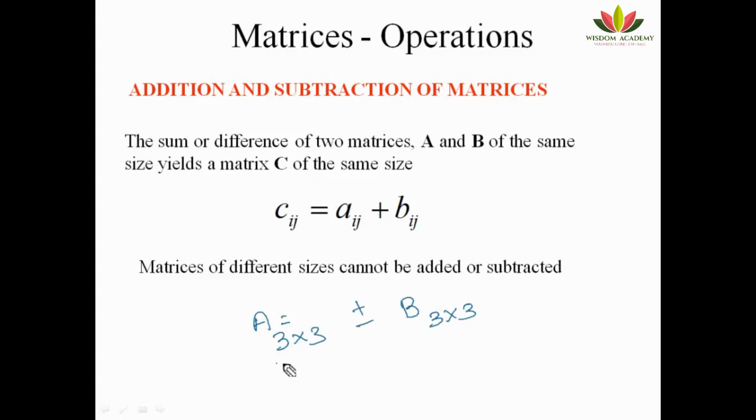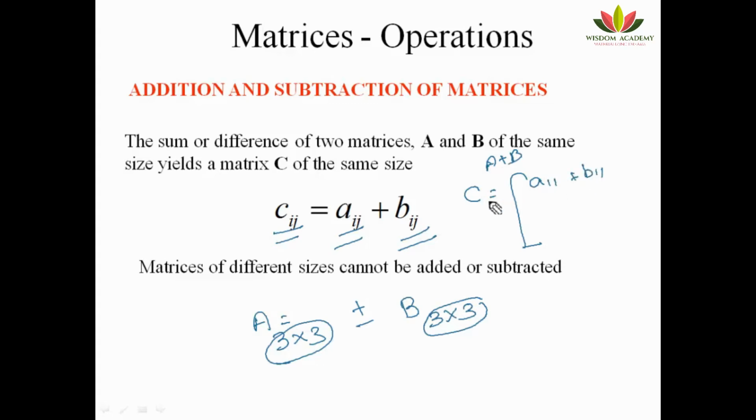So the order or dimension of the two matrices should be equal to perform operations like addition or subtraction. For addition, I will add the corresponding elements of the matrices to form a C matrix, that is, C is equal to A plus B. So A11 plus B11 will form my C11.